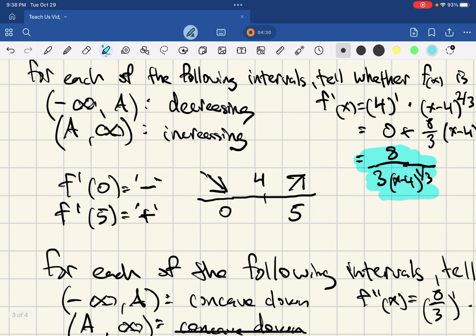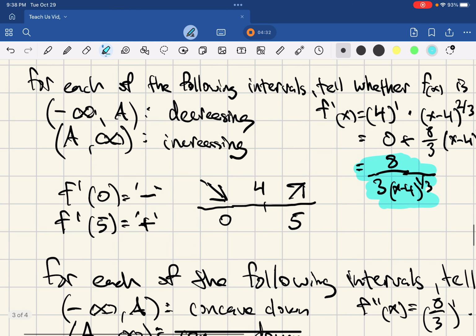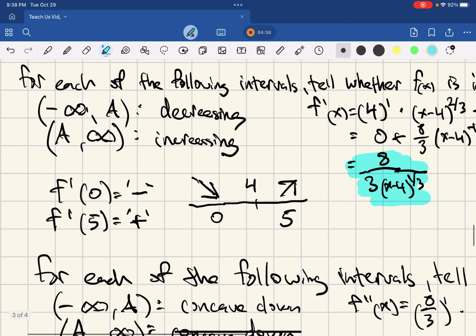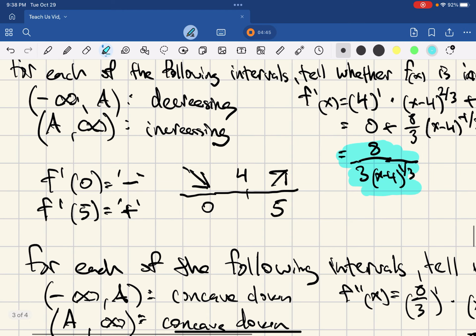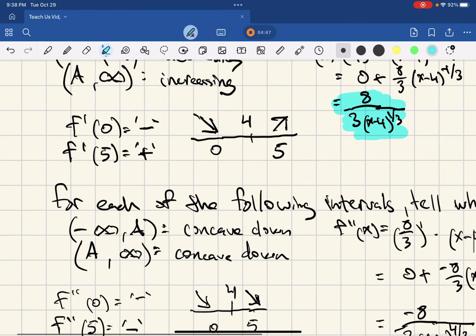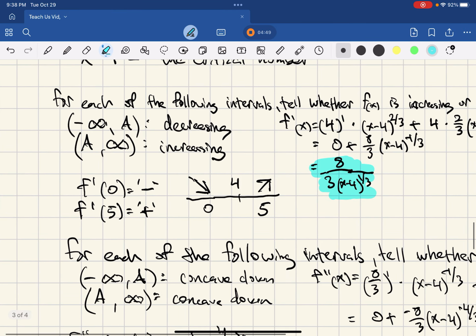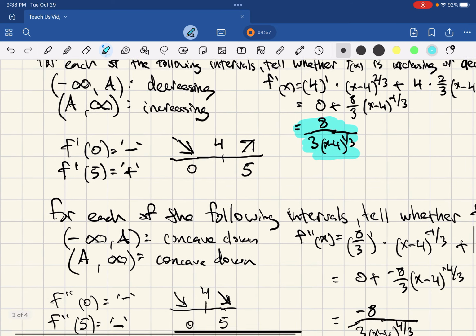For the first derivative, when you plug in a value and you get negative, you know that it's going down, and if you get a positive value, you know that it's going up on the graph when you're reading from left to right. So therefore, negative infinity to a is decreasing, and a to positive infinity is increasing.